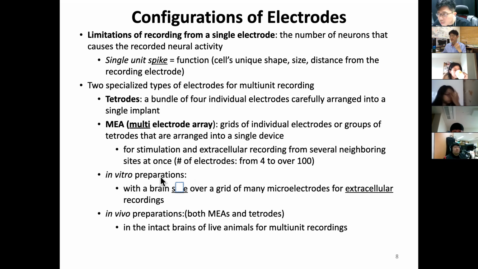So in vitro preparations use a brain slice over a grid of many microelectrodes for extracellular recording. I will get back to this later. And in vivo, I showed you MEAs and tetrodes that you can insert into intact brains of live animals for multi-unit recordings.